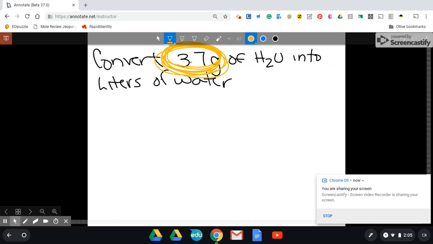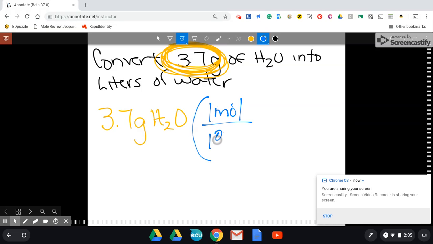I have stressed this and stressed this. You write that down first. We have 3.7 grams of water. To get out of grams, sorry, I'm used to doing my little T-chart, to get out of grams, I've got to divide by the molar mass of water, which is 18 grams. See how grams cancel?